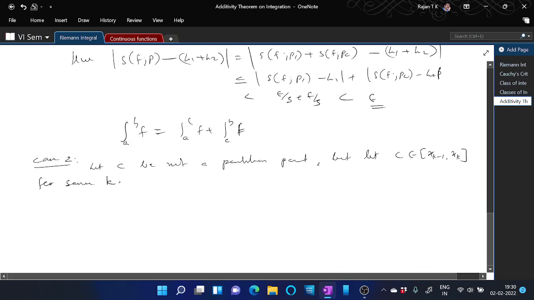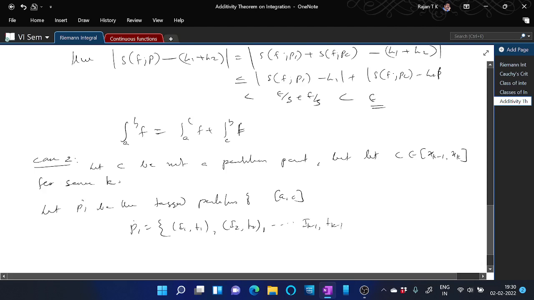In this case, let P1 be the tagged partition of AC defined by P1 equal to I1 T1, I2 T2, etc., I k minus 1, Tk minus 1.